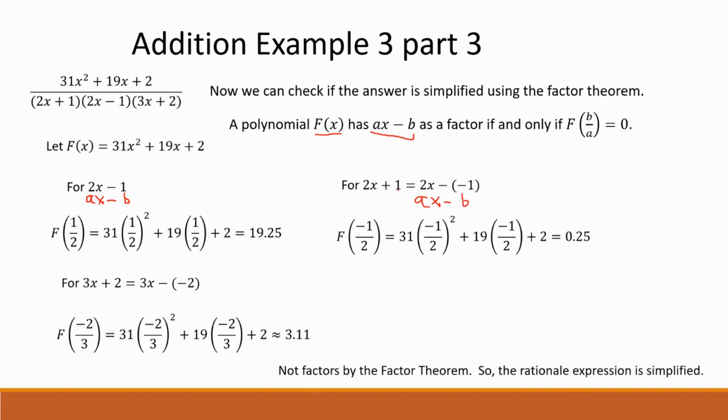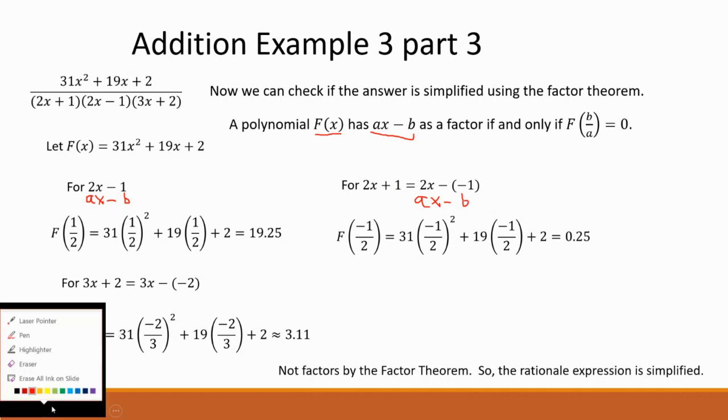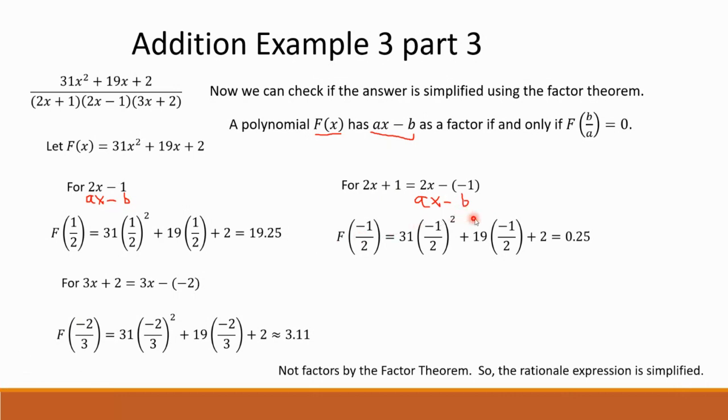If we replace 2x plus 1 with 2x minus -1, that's what we do here. So we get 2x minus -1. To use this theorem now, on this factor, we're going to use b as -1 and a is 2. So in this case, we have to evaluate capital F at -1 over 2. And if you evaluate that, you don't get 0, so 2x plus 1 is also not a factor.